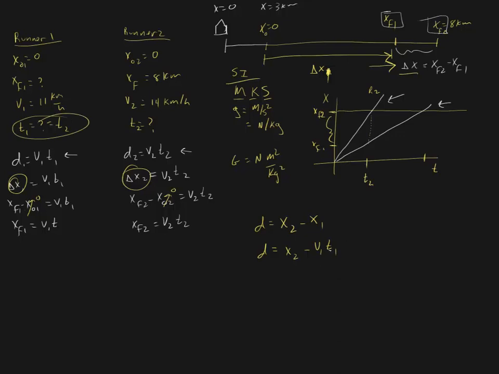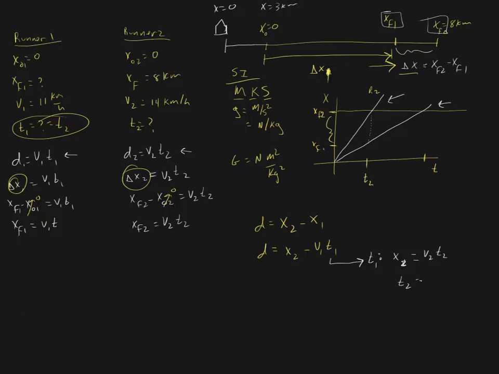And so what we're going to do, off to the side, is determine t1 by using information for runner 2. So how do we do that? Well, runner 2's motion is modeled by x2 equal to v2 times t2.